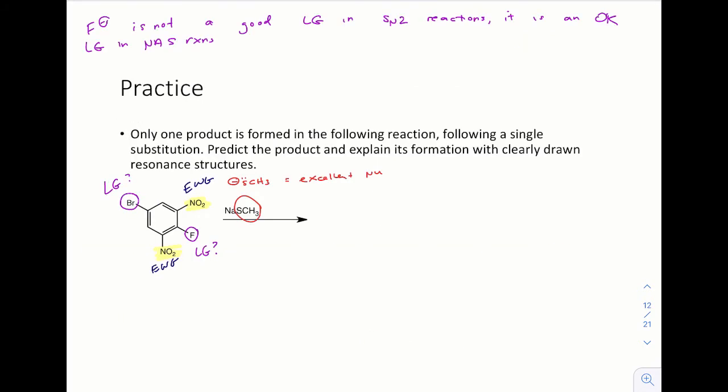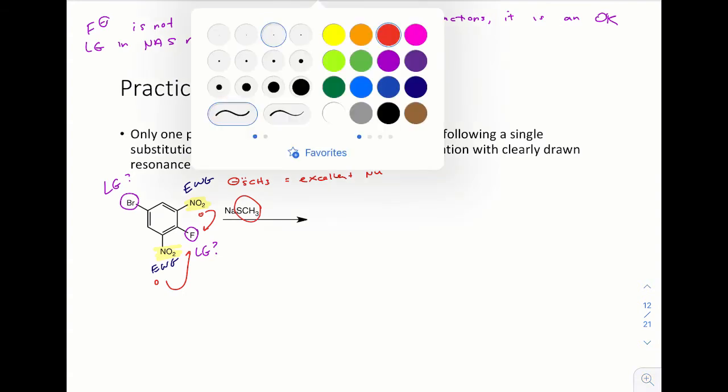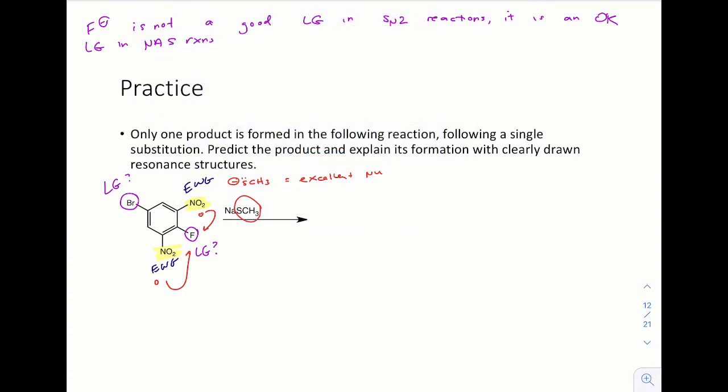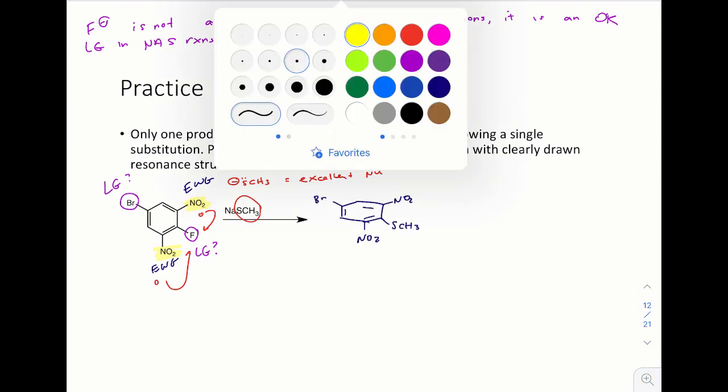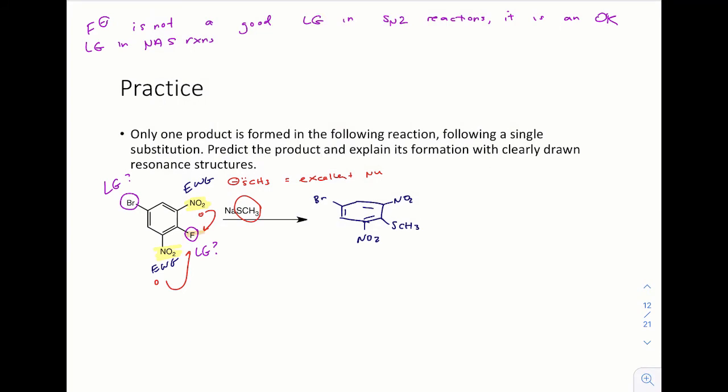Looking at the electron withdrawing groups in this molecule, they are ortho to the fluorine substituent and meta to bromine. Thus, we predict that the fluorine substituent will act as the leaving group, and will leave as fluoride. And thus, the product of this reaction will be as drawn.